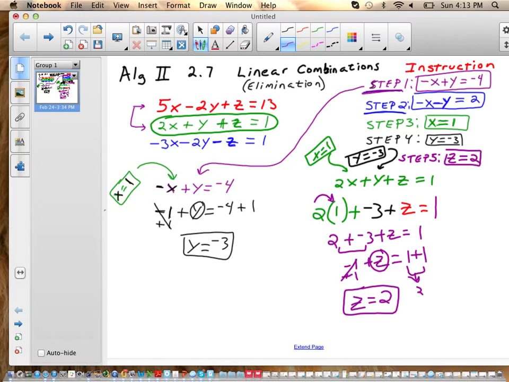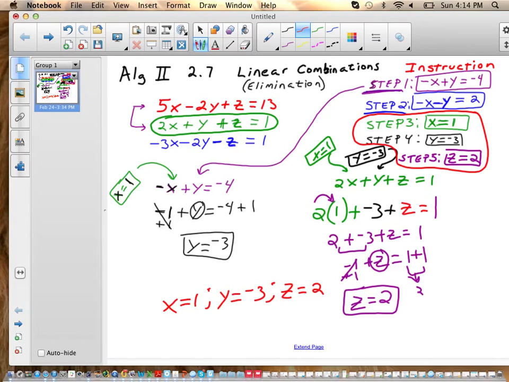So now, if you take a look at this, you can see that what I've done is I have found the answer to each, and now I know what number is for each variable, don't I? I found a number for x, a number for y, and a number for z. So in closing this out, I can say that x equals 1, y equals negative 3, and z equals 2.